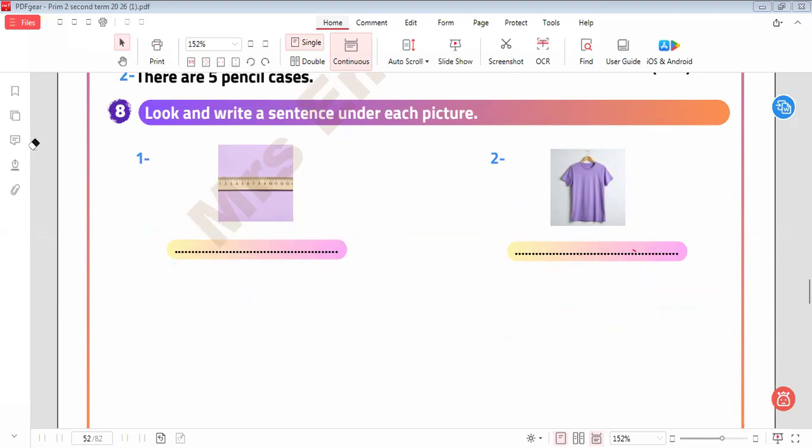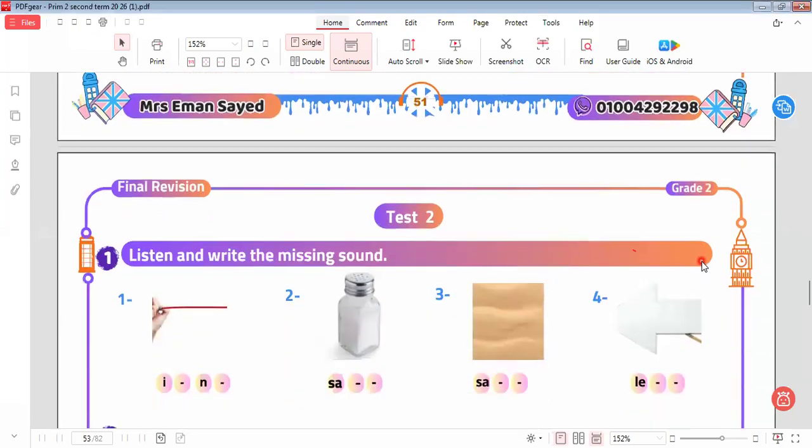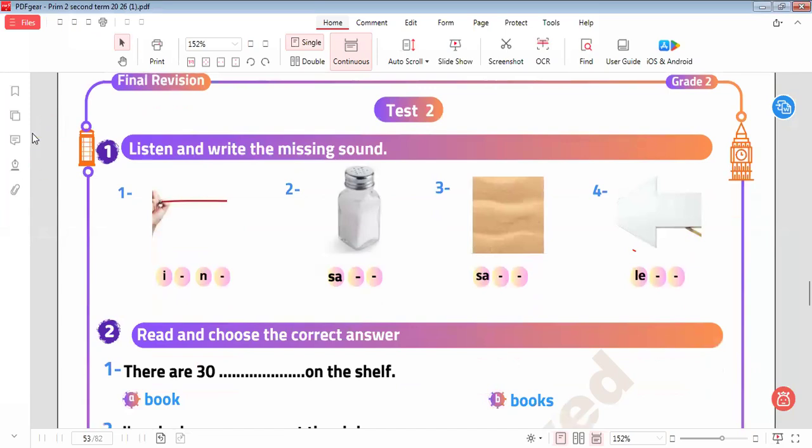Let's go to another one. This is test 2. Let's do it together. Here we have line. I will write it here as line. The missing letters here will be AI and E. The salt. Here is salt. Here is sand. Salt and sand.